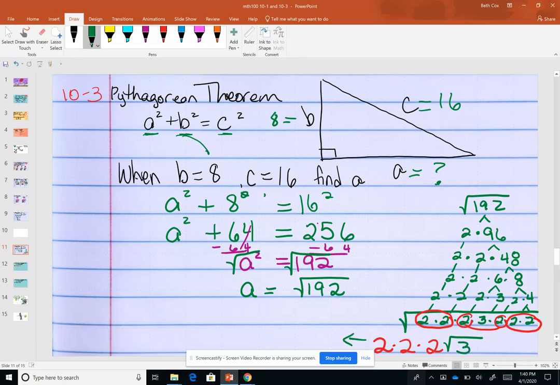So now this becomes my answer. 2 times 2 times 2 is 8. You don't know how many people miss that problem. 8 times the square root of 3. This is my exact answer.